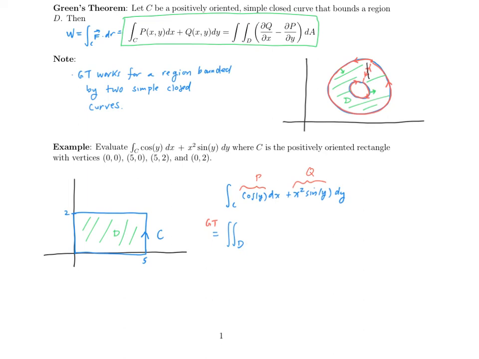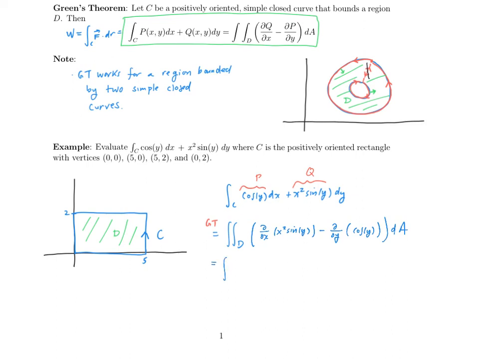So we have the double integral over D of ∂Q/∂x, so the partial with respect to x of x squared sine y, minus ∂P/∂y, the partial with respect to y of cosine y.